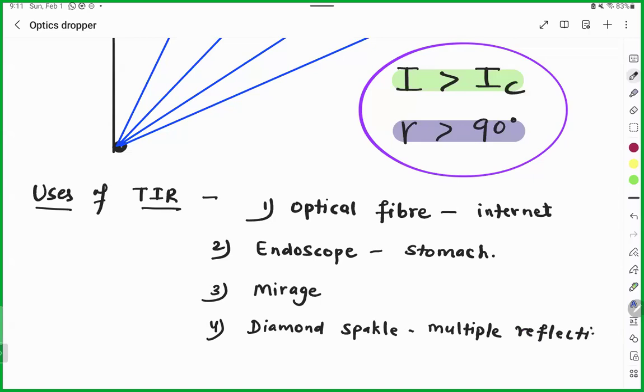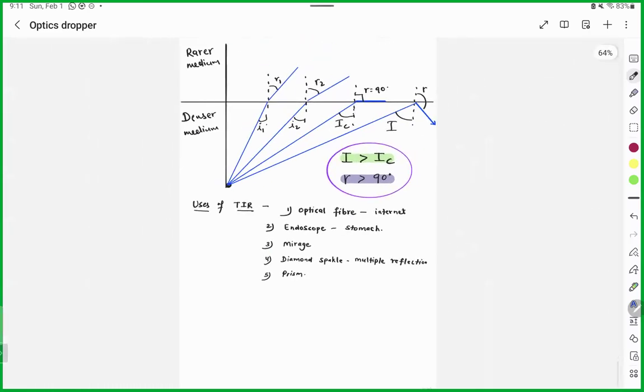Reflection, not refraction. And the same thing happens in the case of a prism also. Tell me, anybody have doubt?